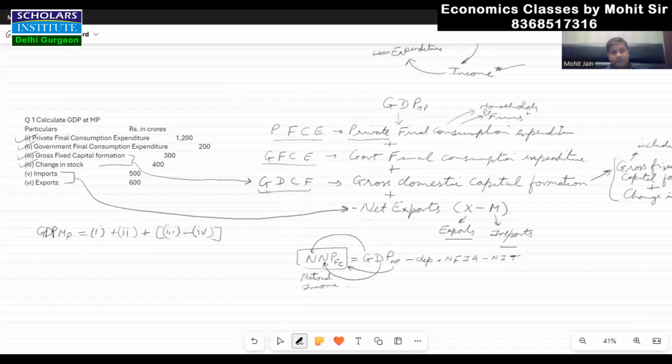This will give us gross domestic capital formation because it is sum of gross fixed capital formation and change in stock. And then net exports, which is sixth minus imports, which is fifth. Okay.